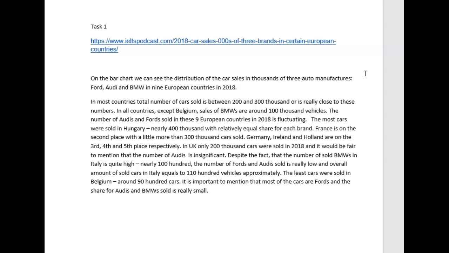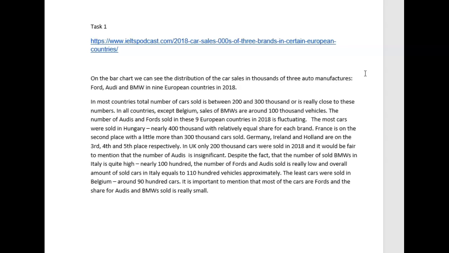Careful with the word fluctuating. There isn't fluctuation here because there's no change over time. What you want to just say is that there is variation. Let's see, fluctuation is definitely not the right word. Maybe variation is not the right word either. Let me think about it.